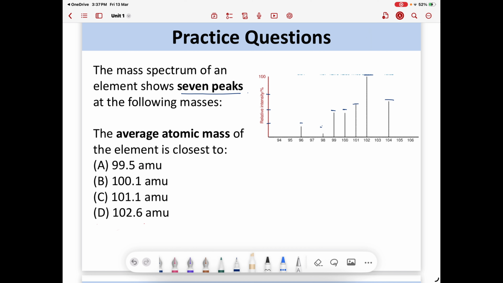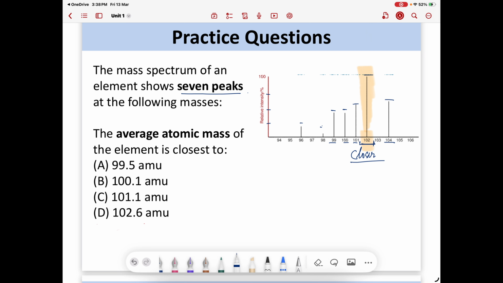Look at the relative abundance of one of the isotopes. You can look here. This is 102, and the relative abundance of this isotope is the maximum. It means the mass is going to be closer to 102. I'm saying closer, not exactly 102, because you have other isotopes as well.